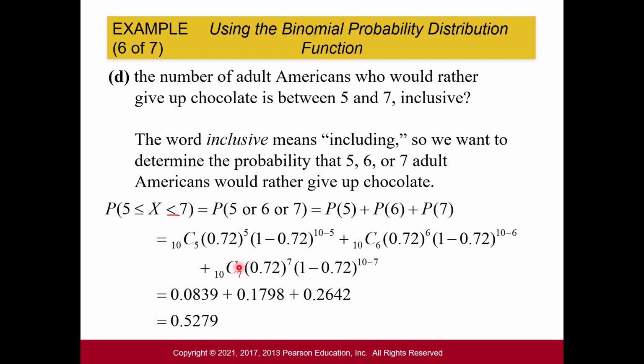So we do have to use our binomial formula 3 times here, where in the first one, n is 10 and x is 5. In the second one, n is still 10, but x is 6. And in the third one, x is 7. And then we calculate those, add them up, and we get about 52.79%.